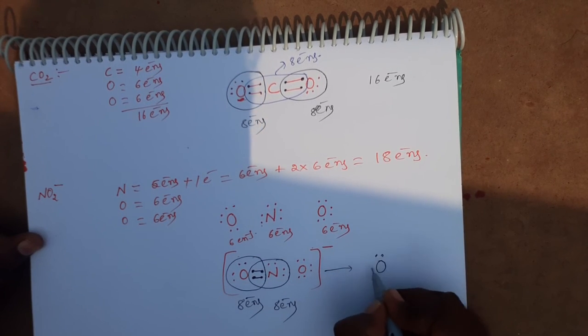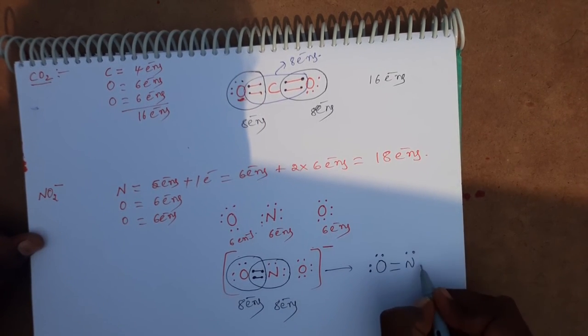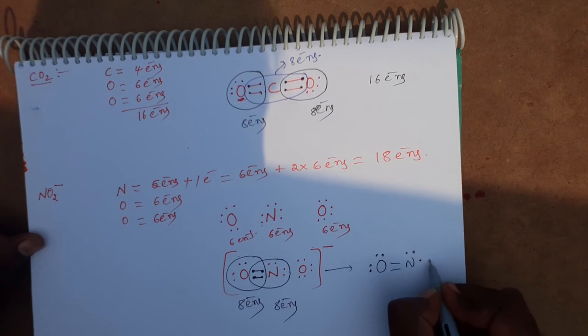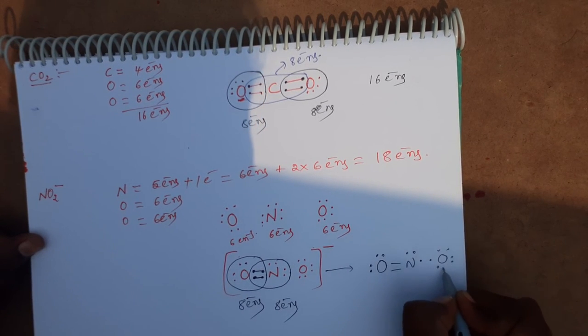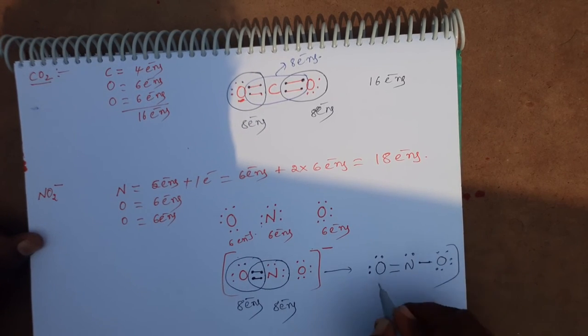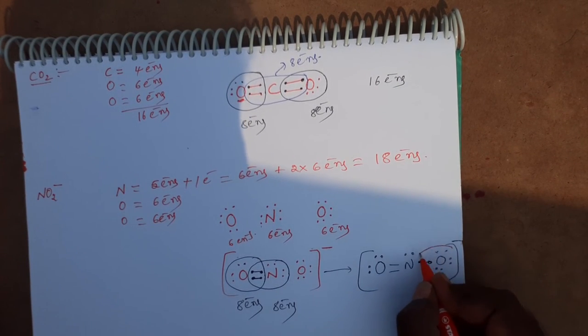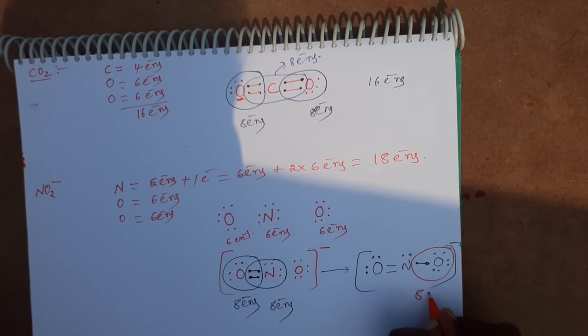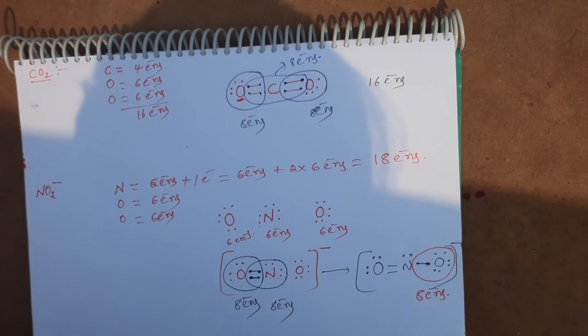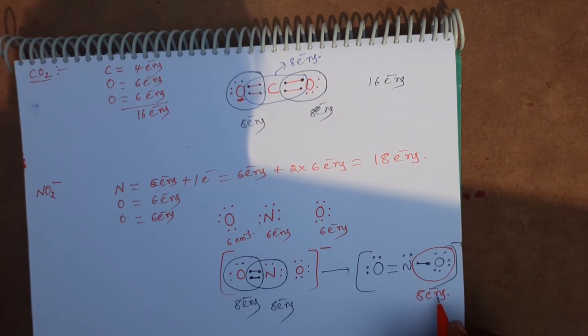This is the structure. Now here we can observe this oxygen also contains how many electrons? 8 electrons.